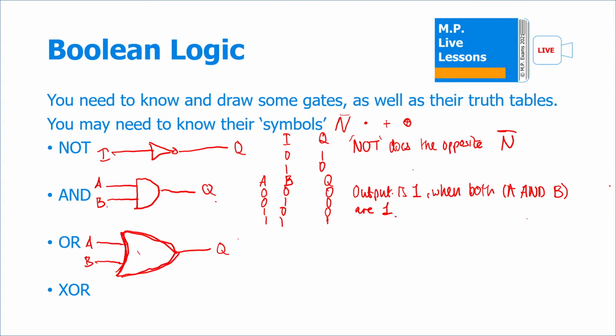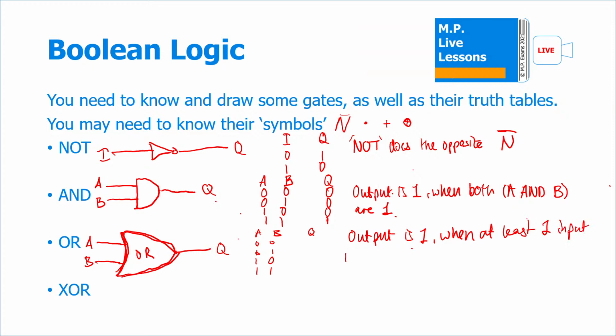And it's probably best sometimes to label your gates like this. Now, if you draw the truth table again, now the output is 1 when at least one input is 1.